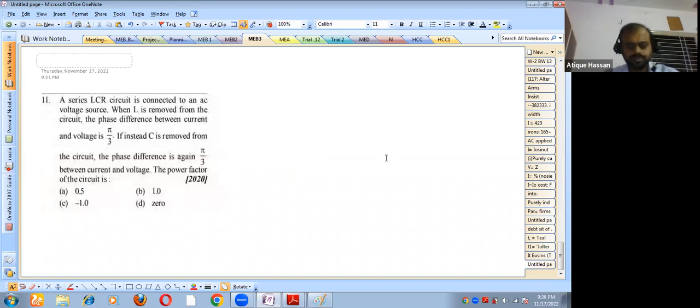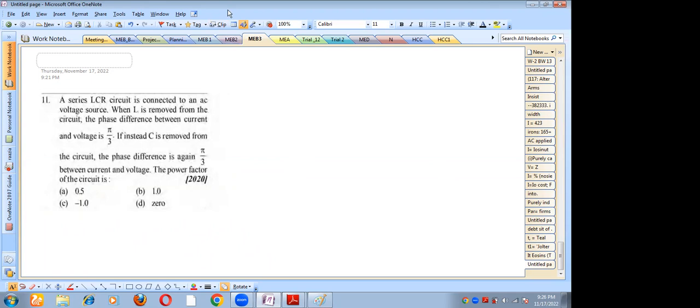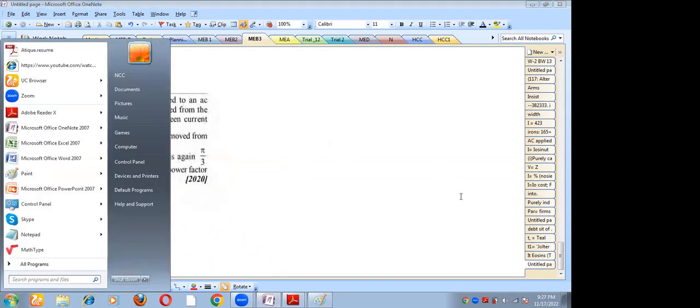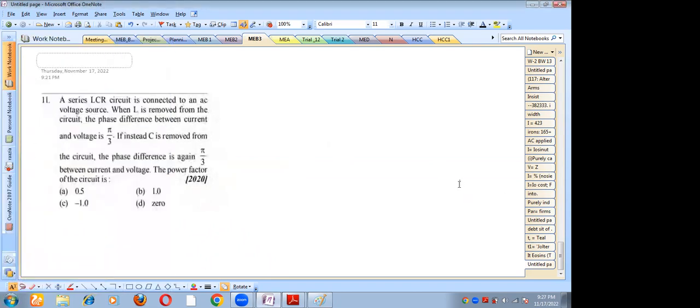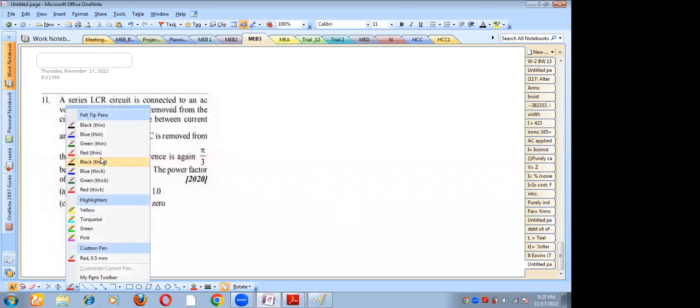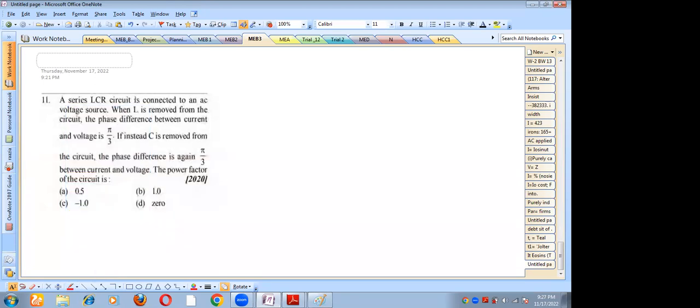Are you trying it? See, it is a NEET 2020 question, asked recently.